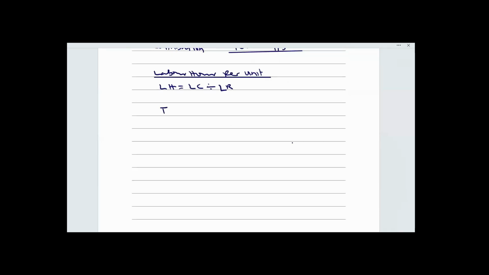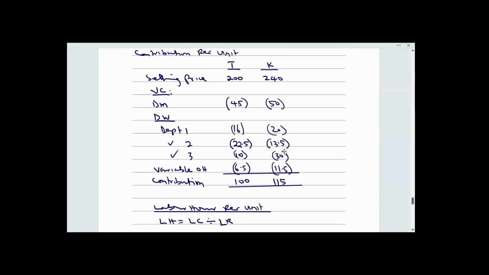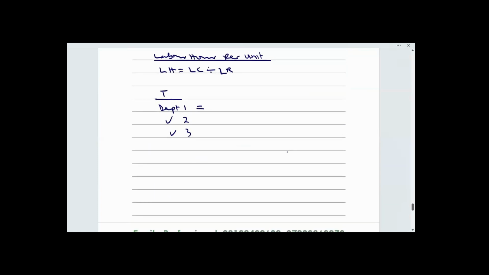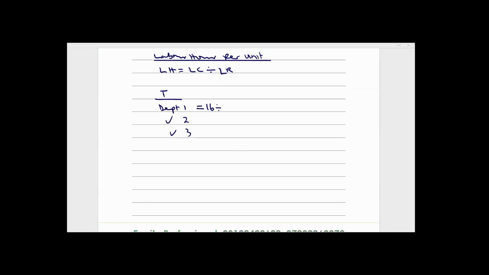So for T, department 1, department 2, department 3. Direct wages for T, Department 1 is 16 naira. So I would then say 16 naira divided by, what's the wage rate? According to the question, for Department 1 the wage rate is 2 naira.